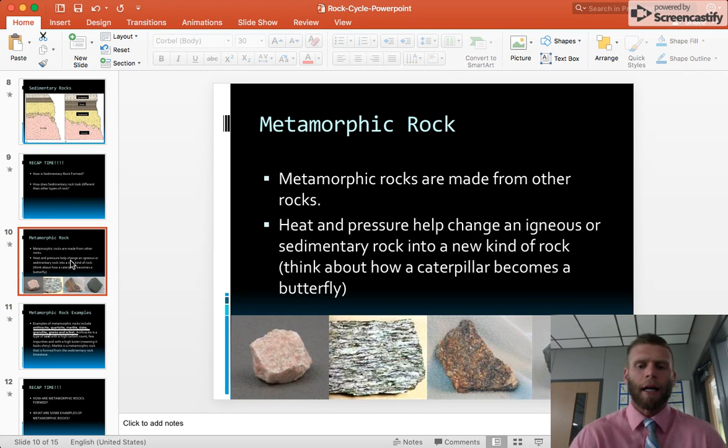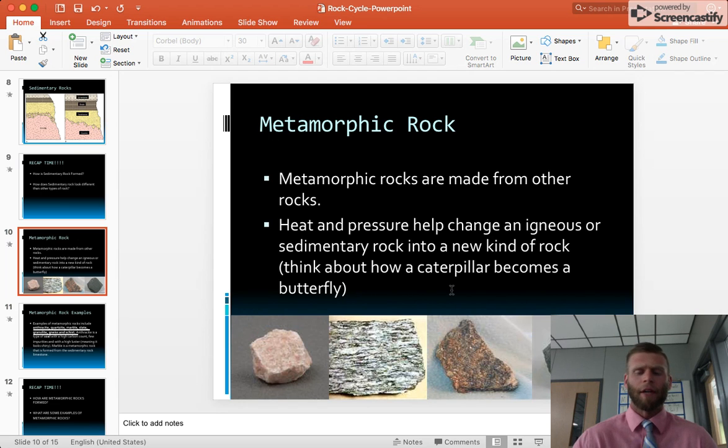So metamorphic rocks are made from other rocks, okay? Heat and pressure help change an igneous rock or sedimentary rock into a new kind of rock. Because of immense amounts of heat and pressure, you're going to take a rock that you already had, such as an igneous rock, maybe some obsidian, and you're going to compact it together to form a new rock.